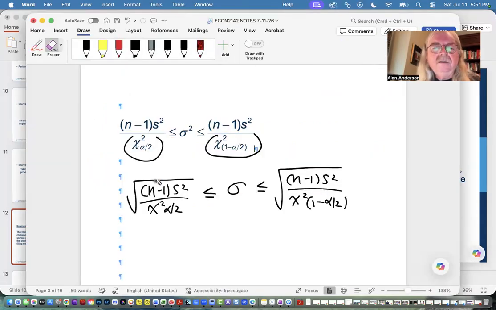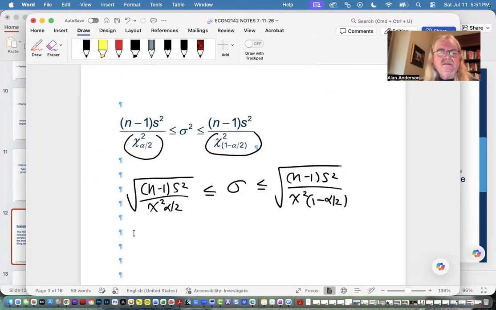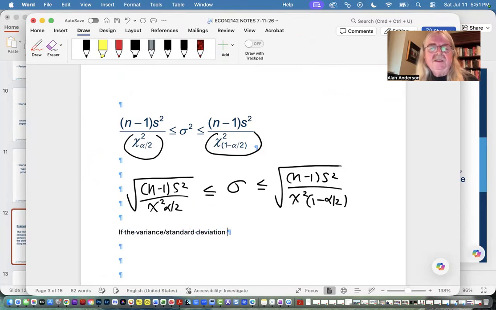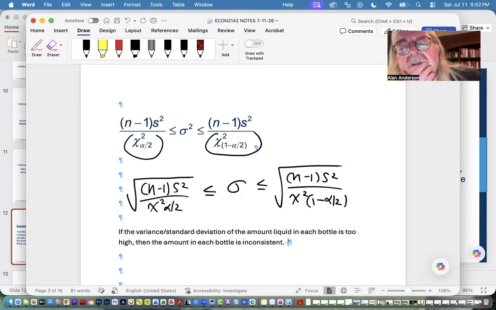So the premise of this question is that if the variance or standard deviation of the amount of liquid in each bottle is too high, then the amount in each bottle is inconsistent. In other words, you're going to have bottles that are too full, they're not full enough. We don't want that. We want them all to be the same if possible.